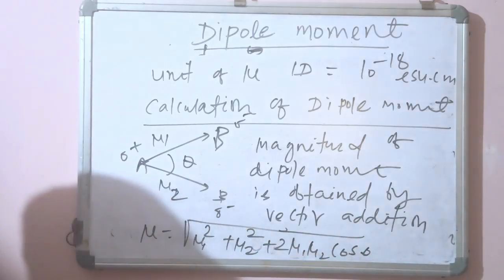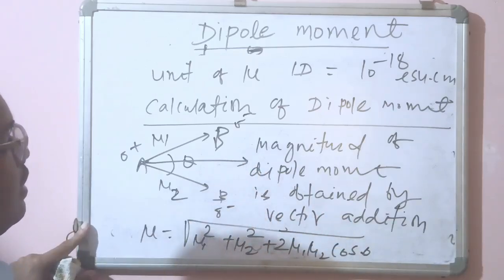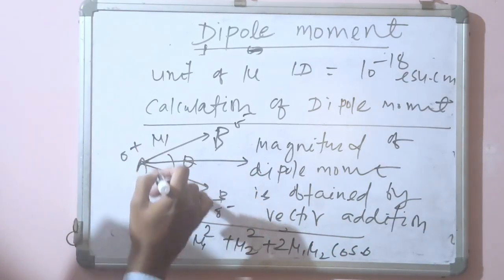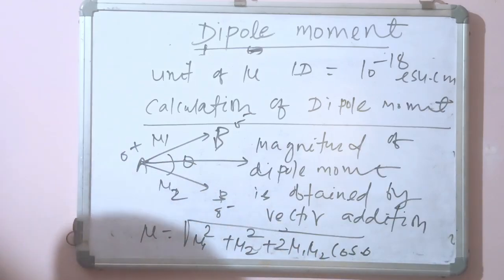So that is its magnitude, and its direction will be from this to this. Here theta is the angle between these two bond dipoles.